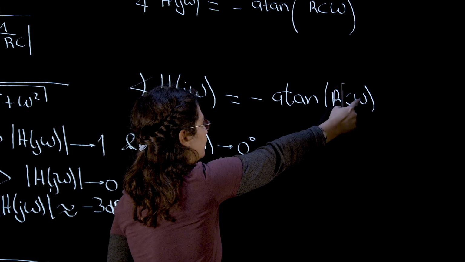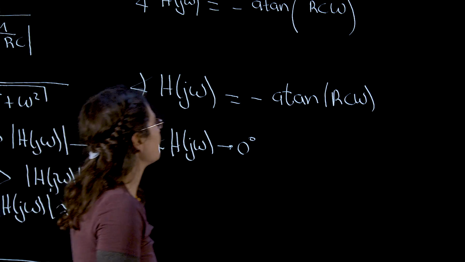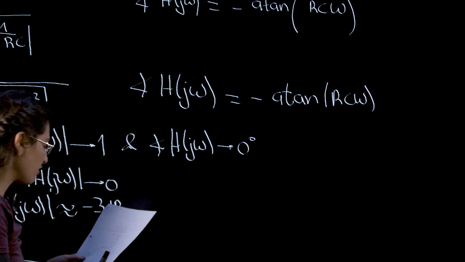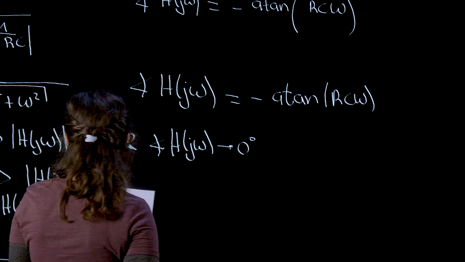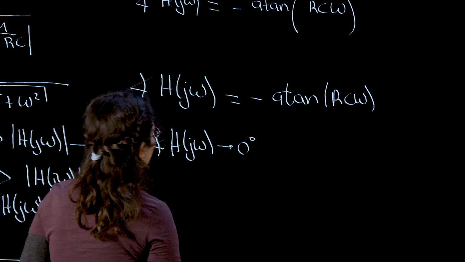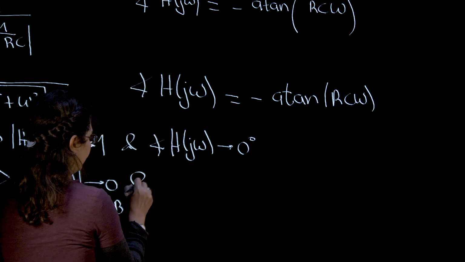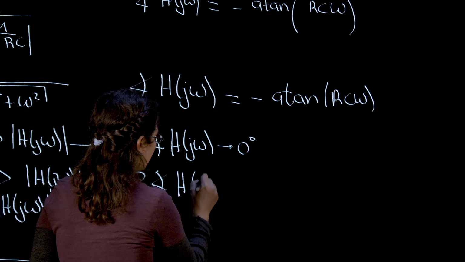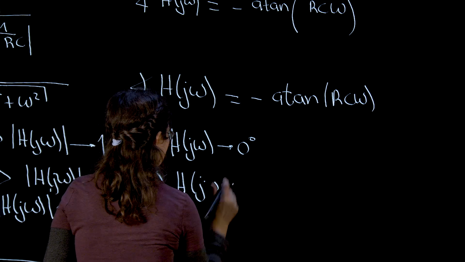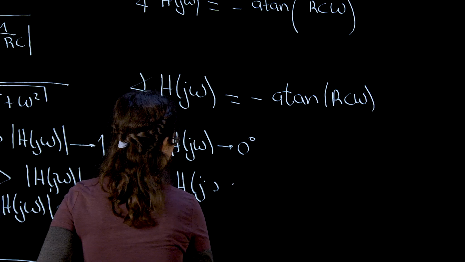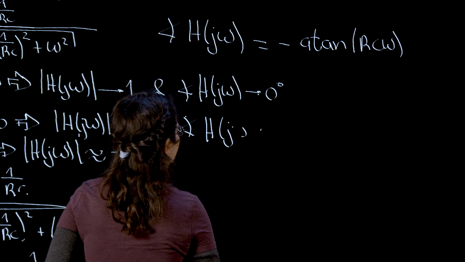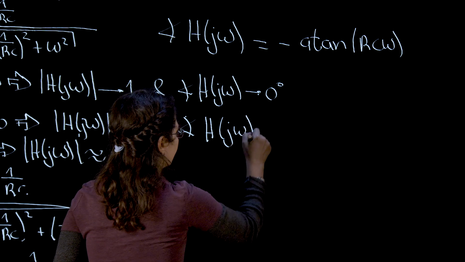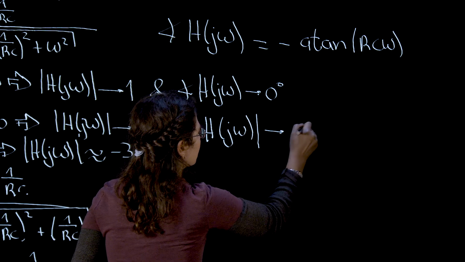When the frequencies are very, very big, I have minus the inverse tangent of a very big number, which gives me minus 90. The phase of my transfer function tends to minus 90 degrees.